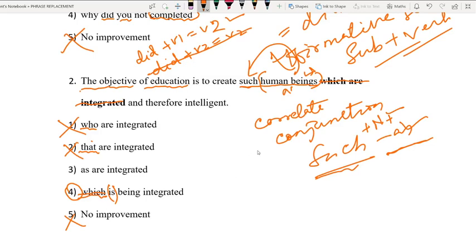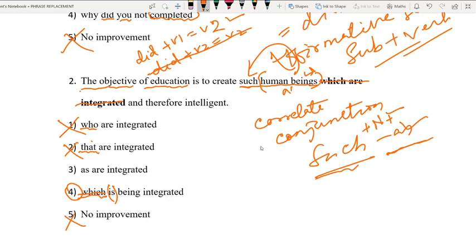Whenever you find relative pronouns, you should always look at the antecedent. The antecedent is the noun that comes before the relative pronoun. If that noun is singular, then the verb after the relative pronoun should be in singular form.